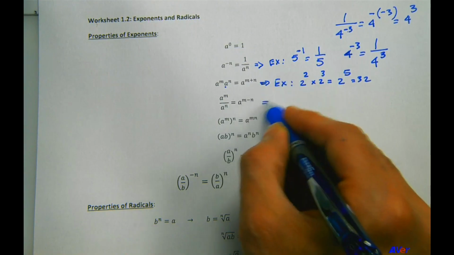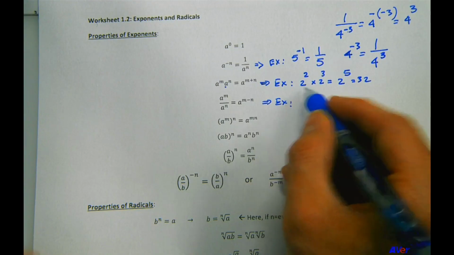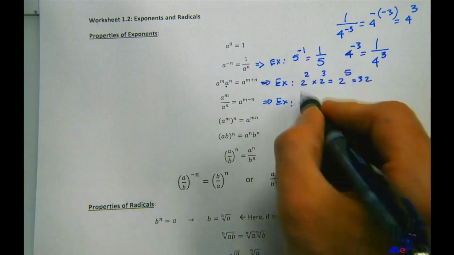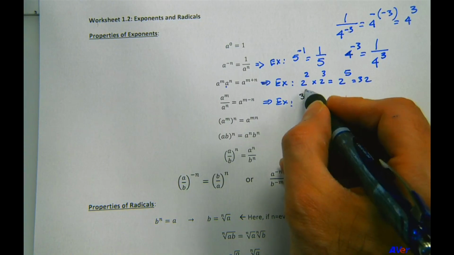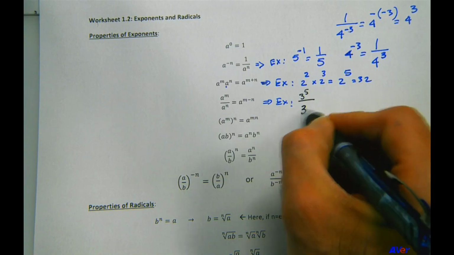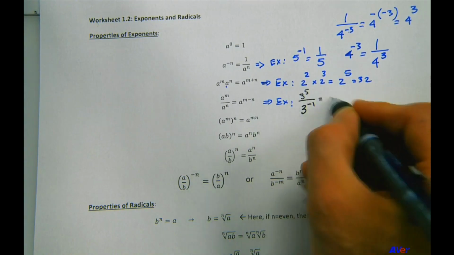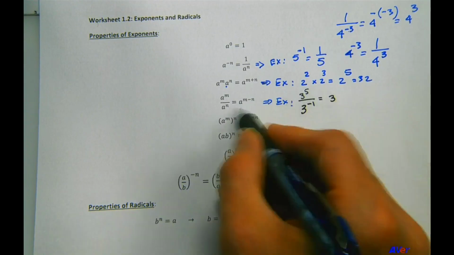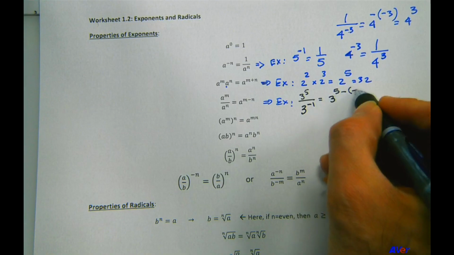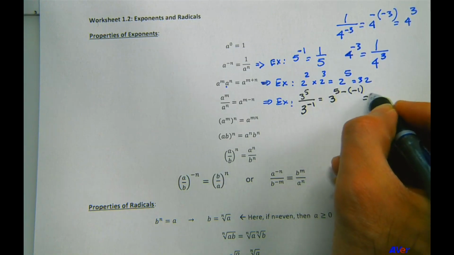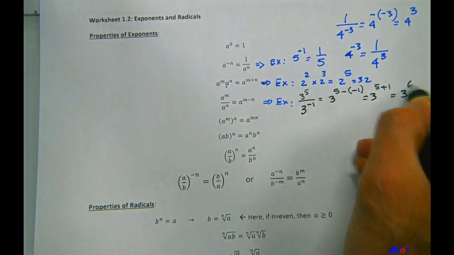So for example, let me choose an easy base like 3, say 3 to the 5th divided by 3 to the -1. What will happen? We can subtract these, just like this formula is saying. 3 to the 5th minus -1, so 3 to the 5 plus 1 power, or 3 to the 6th power.